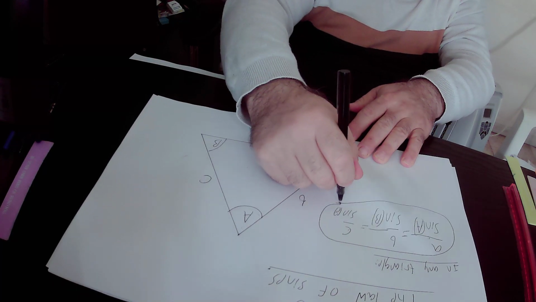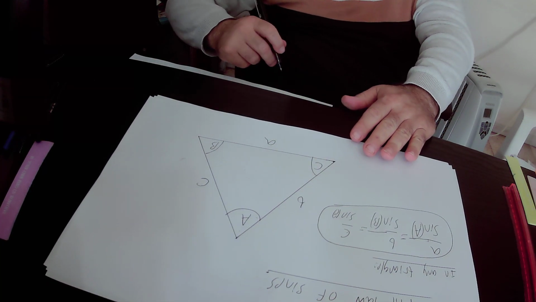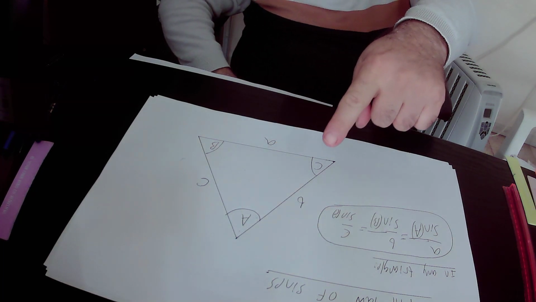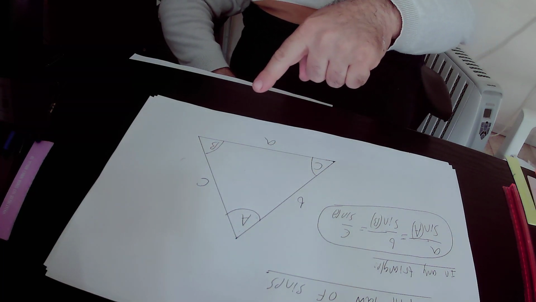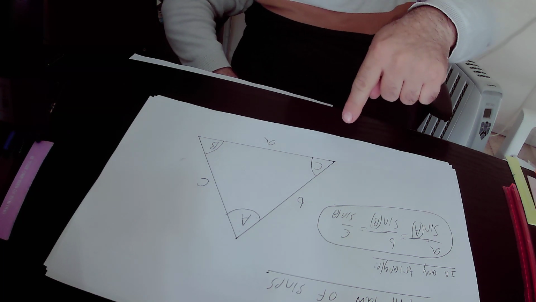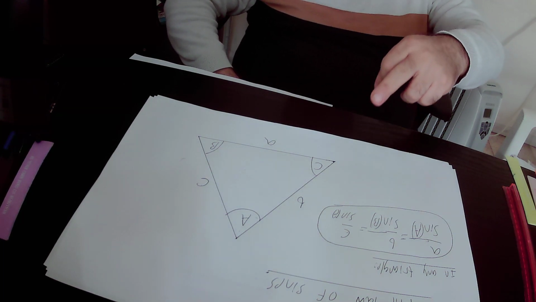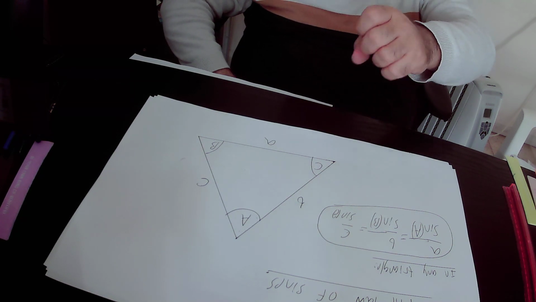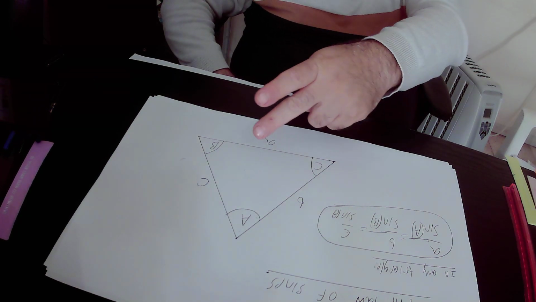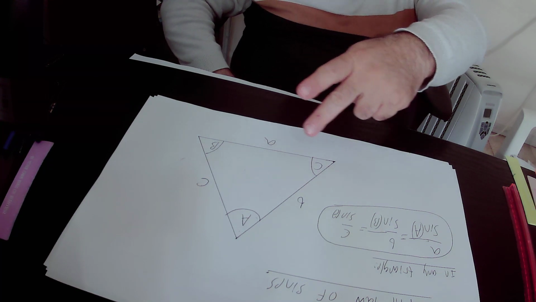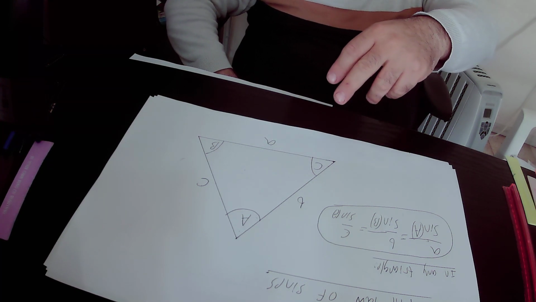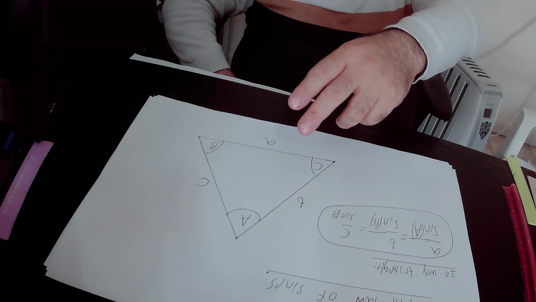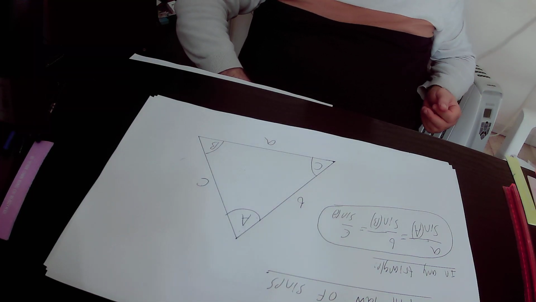According to the law of sines, in any triangle, a over sine A equals b over sine B equals c over sine C, where a, b, and c are the lengths of the sides of this triangle, and capital A, capital B, and capital C are the sizes of the angles inside this triangle.